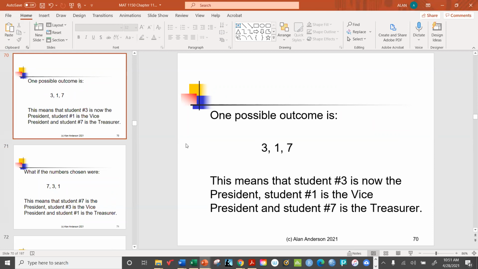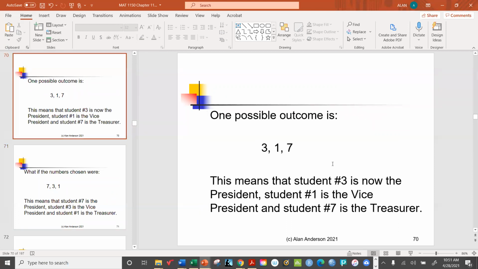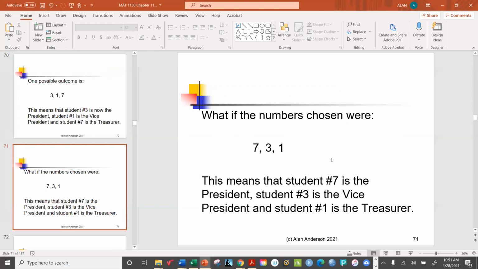Now, think about this. What if the faculty advisor had picked the same three numbers, but in a different sequence? 731, let's say. Instead of 317, he picks 731. This is a different choice because now all of a sudden student number 7 is the president, student number 3 is the vice president, and student number 1 is the treasurer.